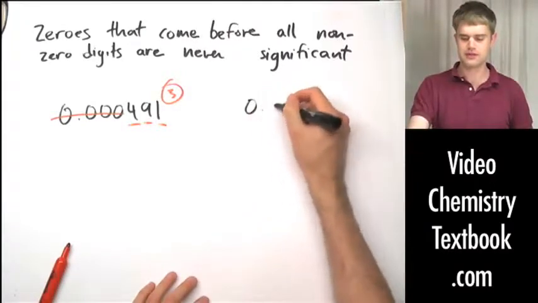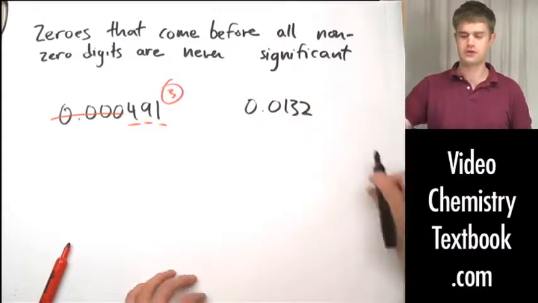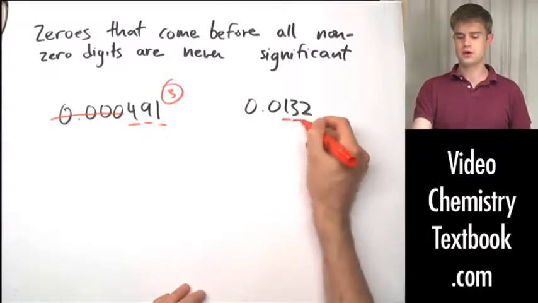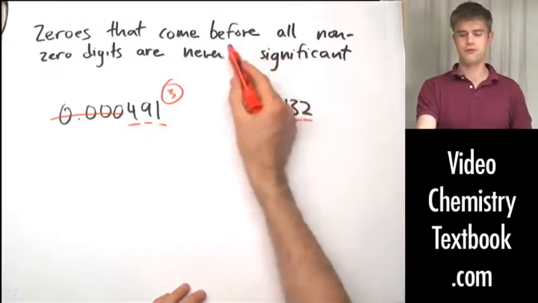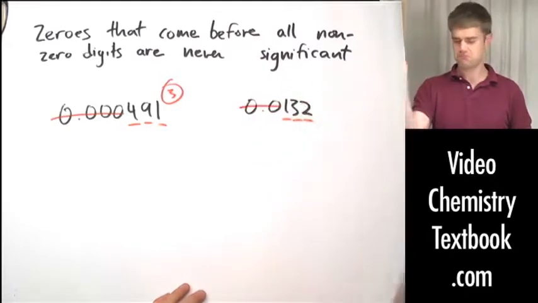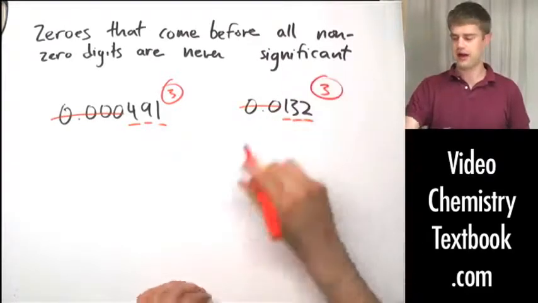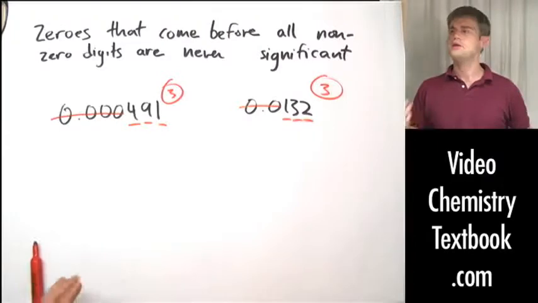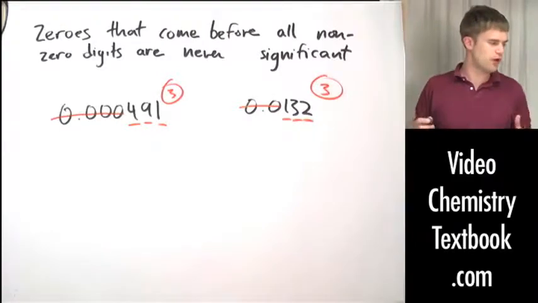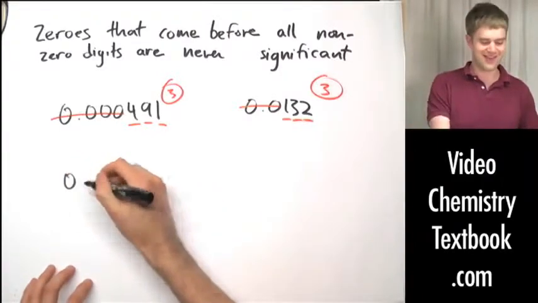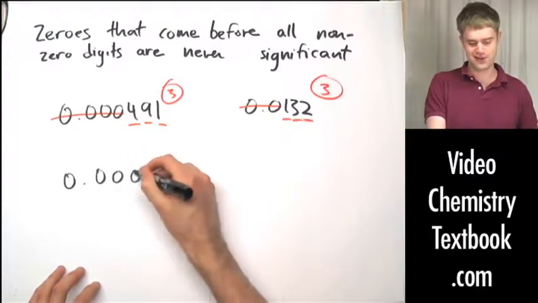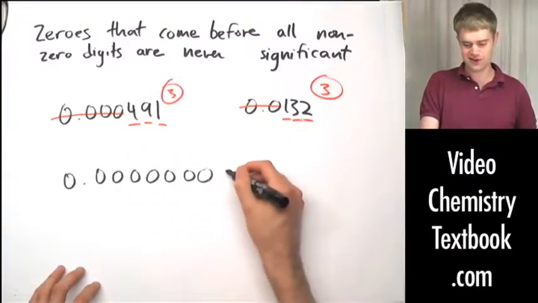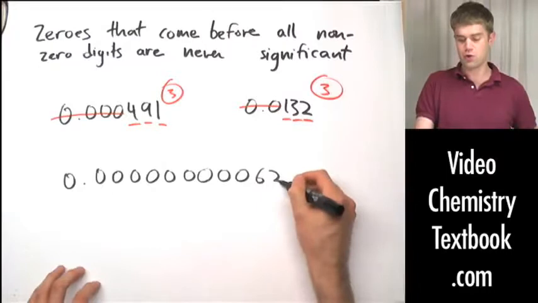Another example could be 0.0132. These digits are all significant, but the zeros coming before them, or to the left, don't matter. They're not significant. Again, only 3. As we've seen with significant figures problems before, it doesn't matter how many you have. So it can be 0.00000000062.